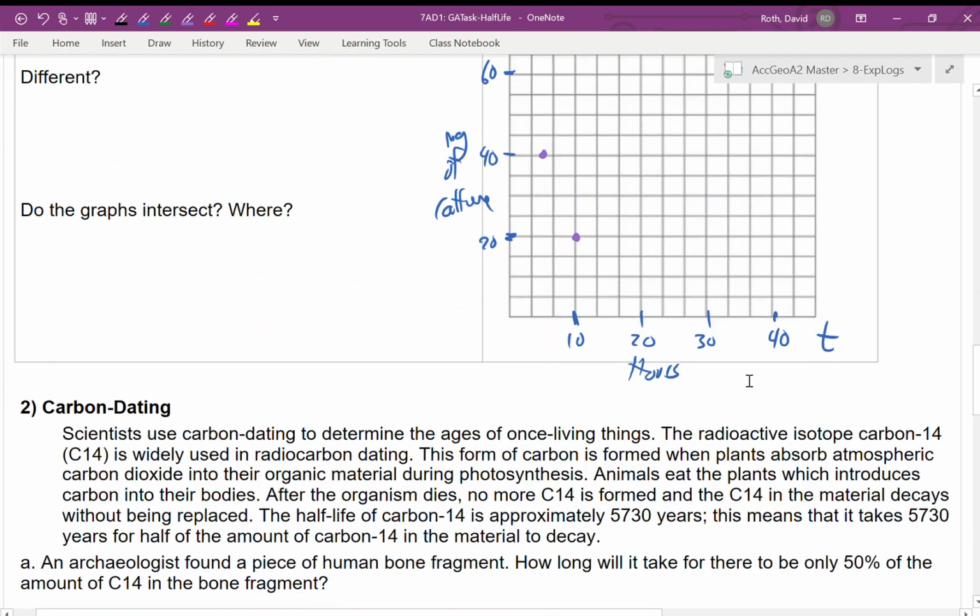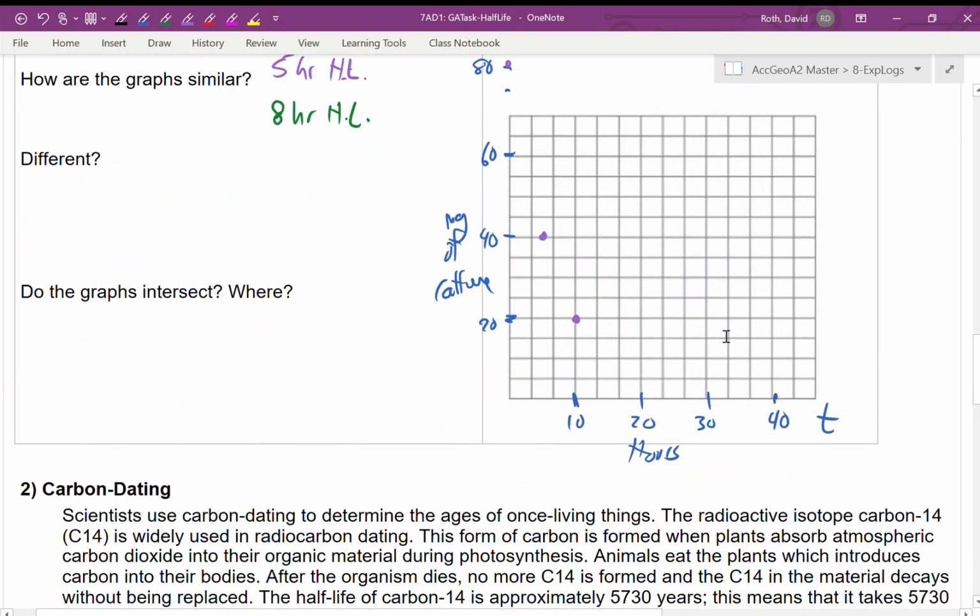And I'll just make up the other numbers because at 15 hours, I'm at 10. At 20 hours, I'm at 5. And it goes down from there, and it's going to look pretty asymptotic. Okay. Easy enough.